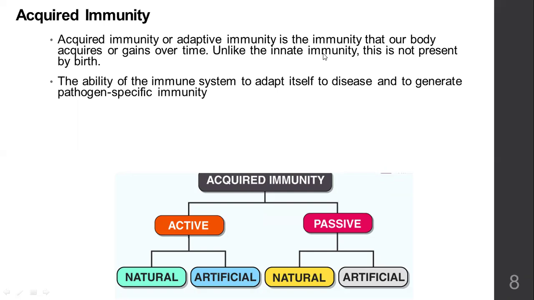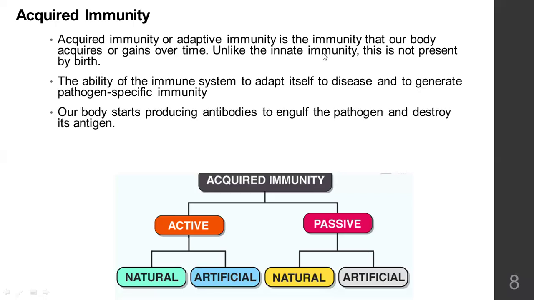These antibodies will remain in your circulation until you are exposed to the same infection again. So your body starts producing antibodies to engulf the pathogen and destroy its antigen. The same procedure is used here to swallow up the pathogen.